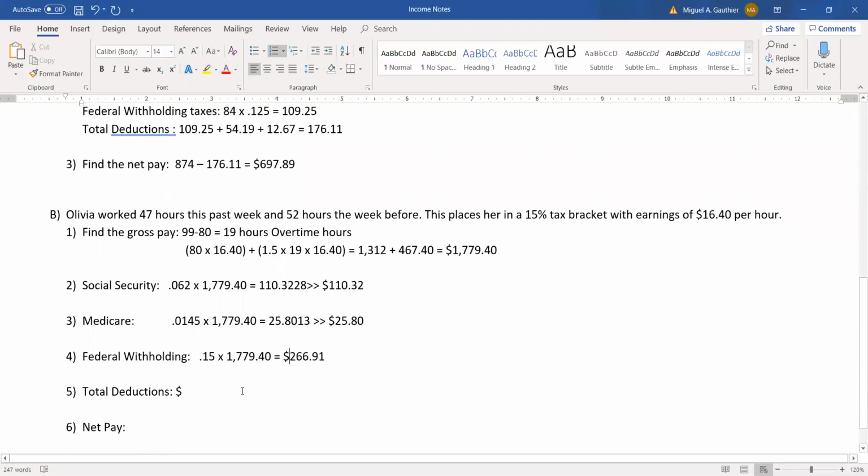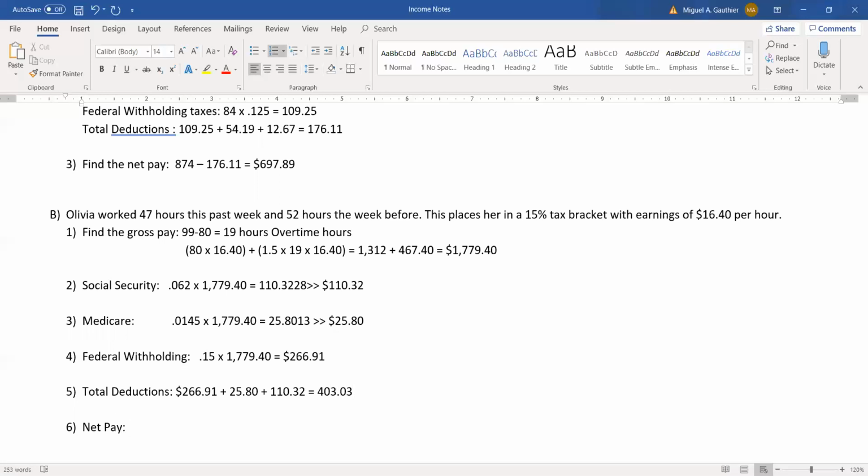Okay, so total deductions: 266.91 plus 25.80 plus 110.32 equals $403.03.